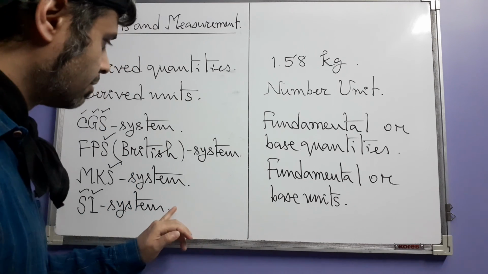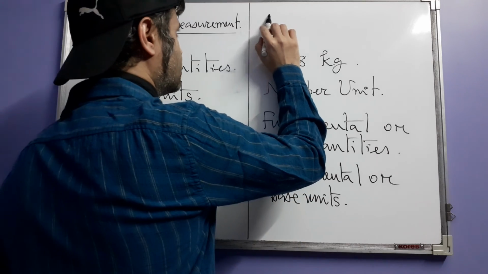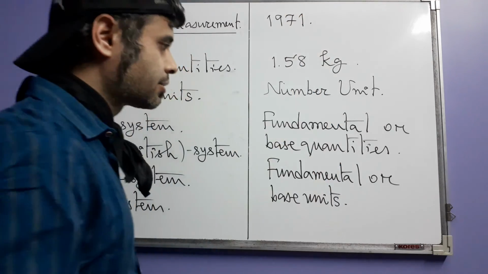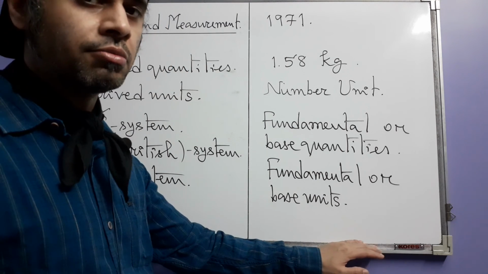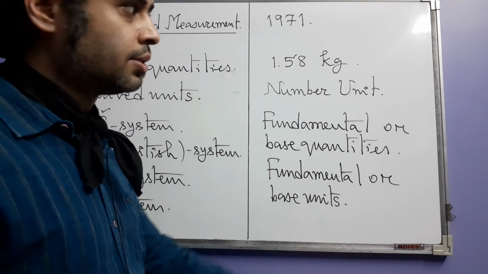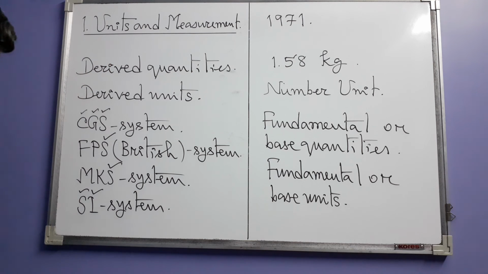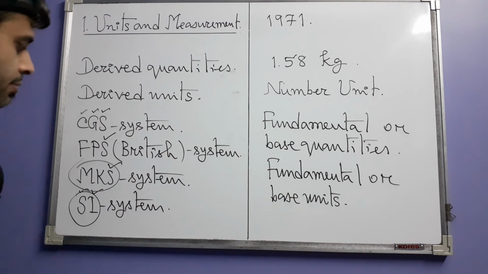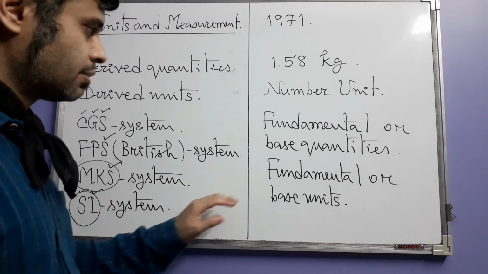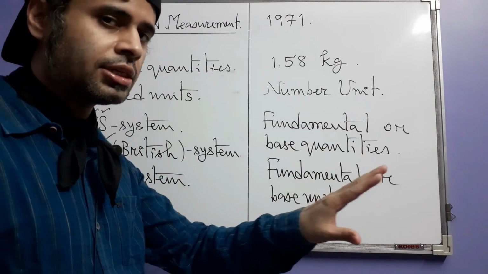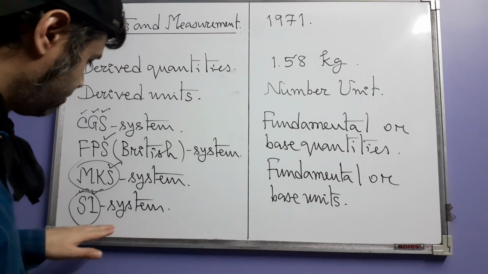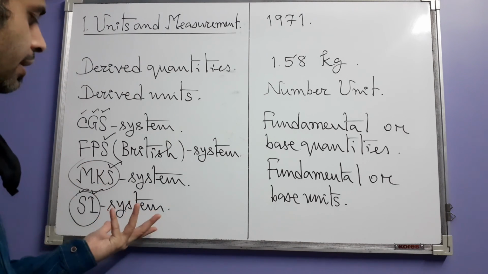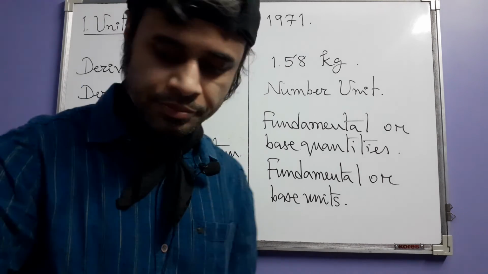Okay, it was developed in 1971 by the International Bureau of Weights and Measures. So in this system, actually this is an extension of the MKS system. In MKS system, all the fundamental units were not included that we have nowadays in SI system. So this system was extended and we have got the SI system.